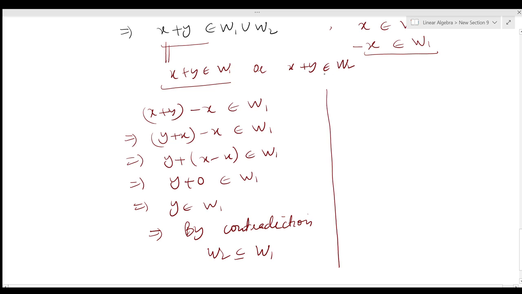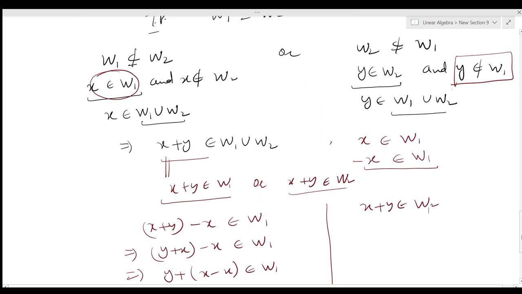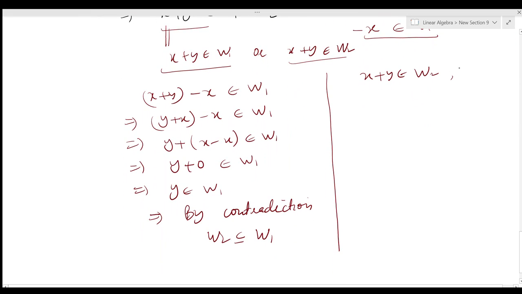For the other part, if x plus y belongs to W2, and as we know there is an element y belongs to W2 from here, if y belongs to W2, that means minus y also belongs to W2 because W2 is a subspace, so there is an additive inverse.